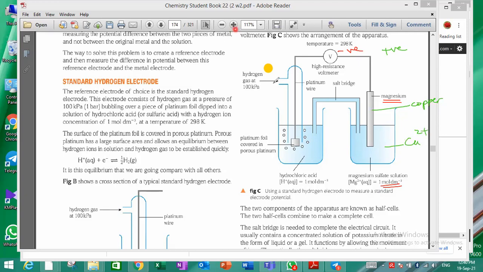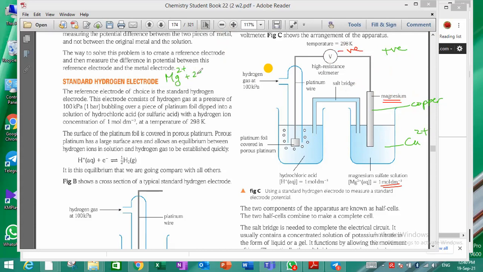What does this mean? That magnesium or zinc have negative values in this voltmeter reading, and copper or silver would have a positive value. The negative value means that magnesium is a reactive metal, and usually we write electrode half cells in the form of reduction.